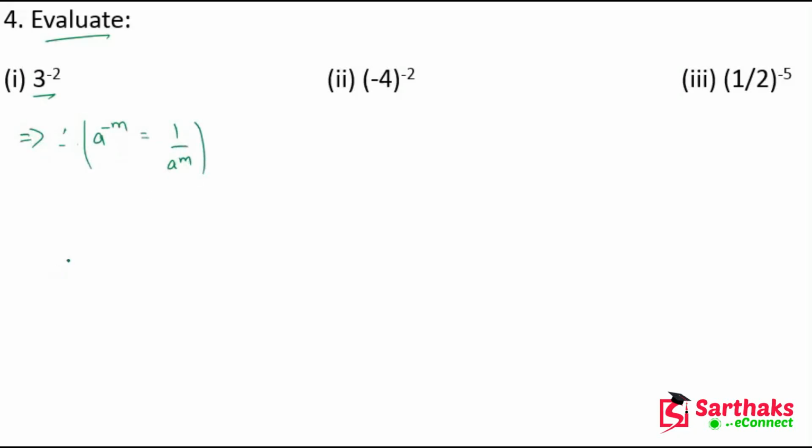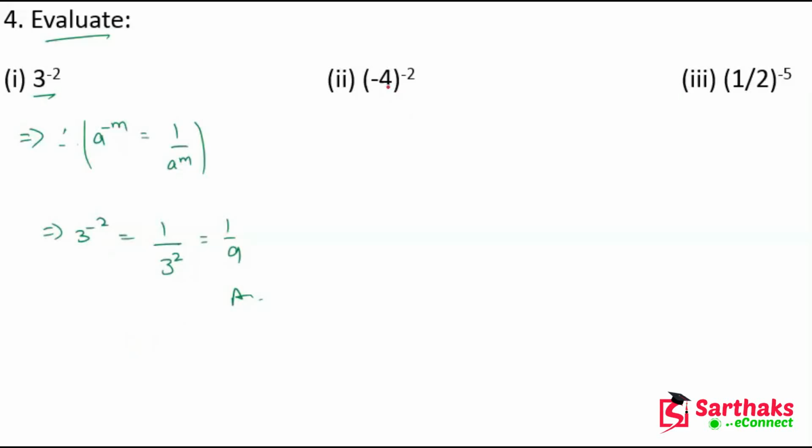So we are using this law. We can write 3 raised to power minus 2 as 1 upon 3 raised to power 2, so the power becomes positive. What is the value of 3 square? So this is 1 upon 9. Understand? This is the answer.